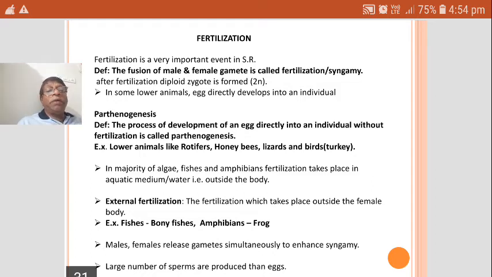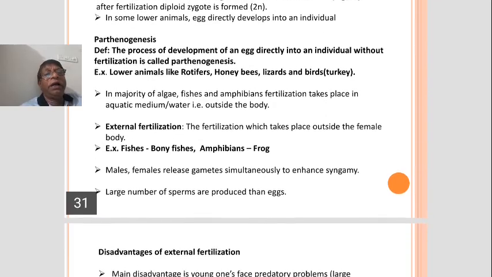In these animals, the male produces a large number of sperms when compared to the eggs, because chances of wastage of sperms is there. This is the reason large number of sperms are produced by the male.